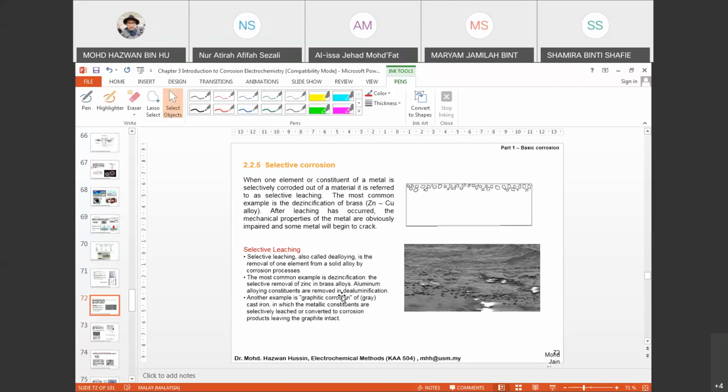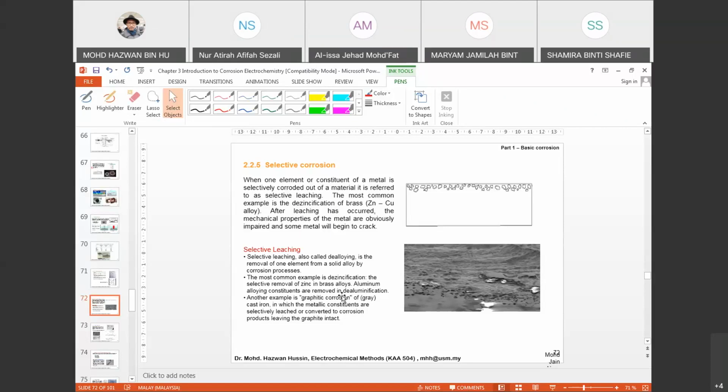This process is known as zincification. But selective corrosion is basically a dezincification process where the zinc is leached out to the environment, making the structure less tough. Then this makes corrosion happen anytime.